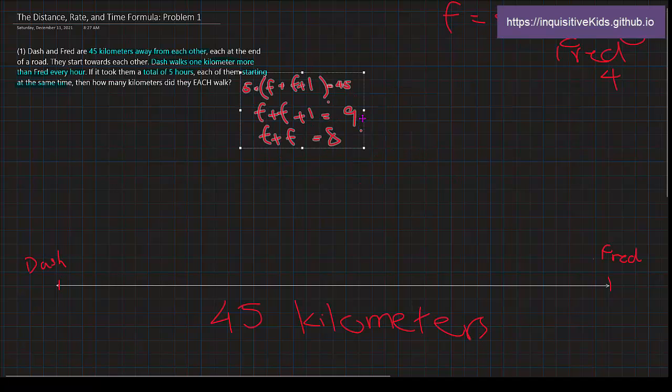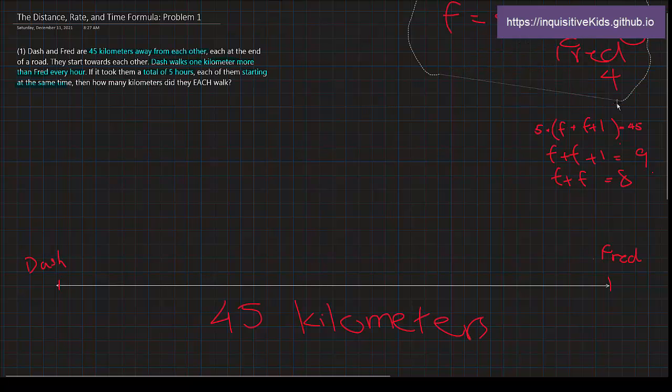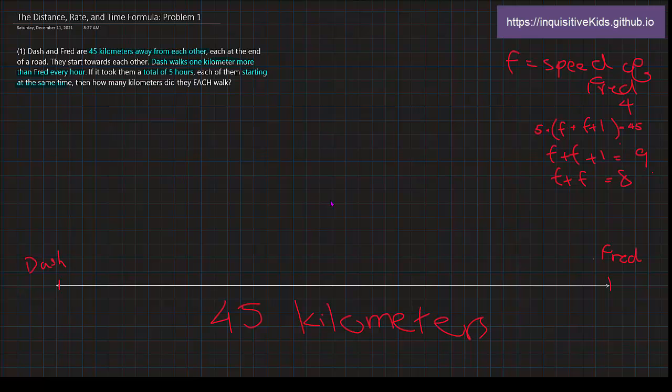I'm going to put that aside for now. So we know that that is Fred's speed. Now we still have to figure out Dash's speed. Now Dash's speed is 1 plus f.